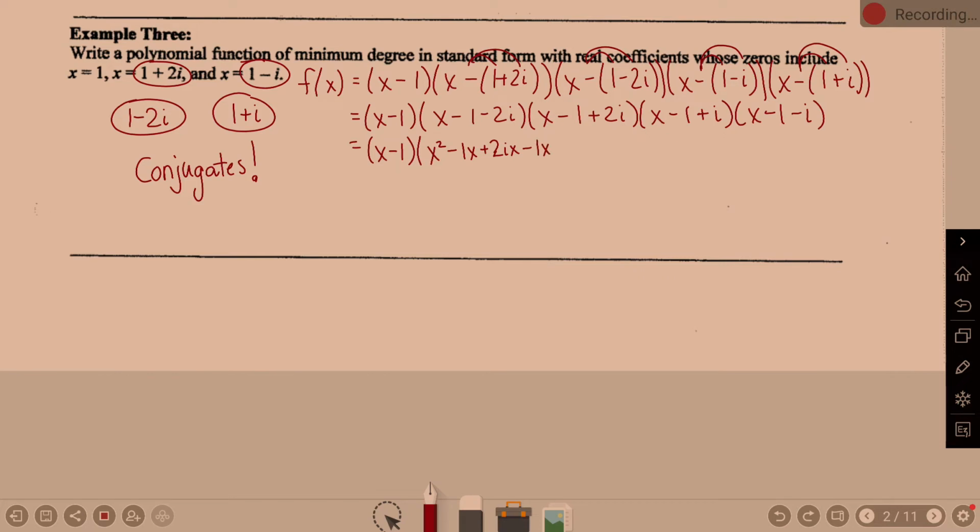Minus 1x plus 1 minus 2i. And then minus 2i times everything in the next parenthesis. Minus 2ix plus 2i minus 4i squared.